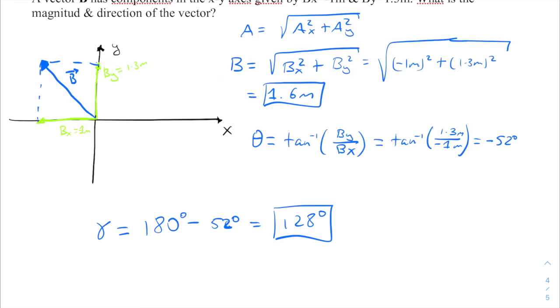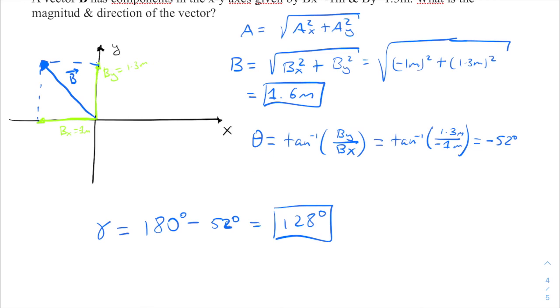Therefore, our vector b is going to be the square root of (-1 meter) squared plus (1.3 meters) squared, and all of this to the square root. This gives us as a result that b is equal to 1.6 meters.